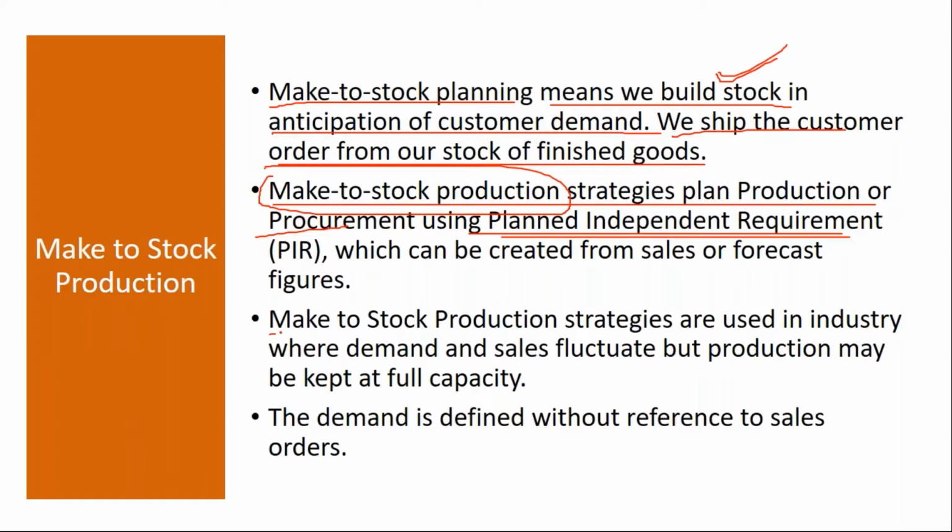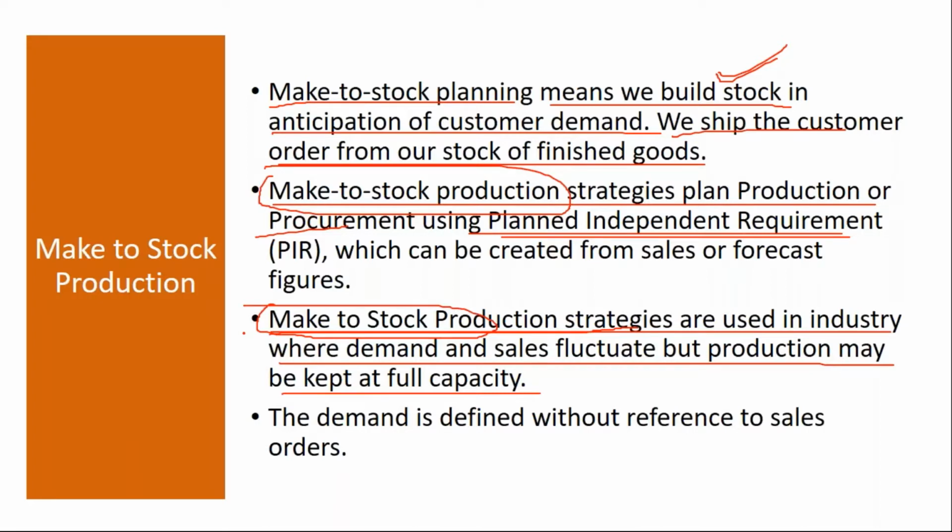Make to stock production strategies are used in industry where demand and sales fluctuate, but production may be kept at full capacity. So normally, in which industries do they go for make to stock?